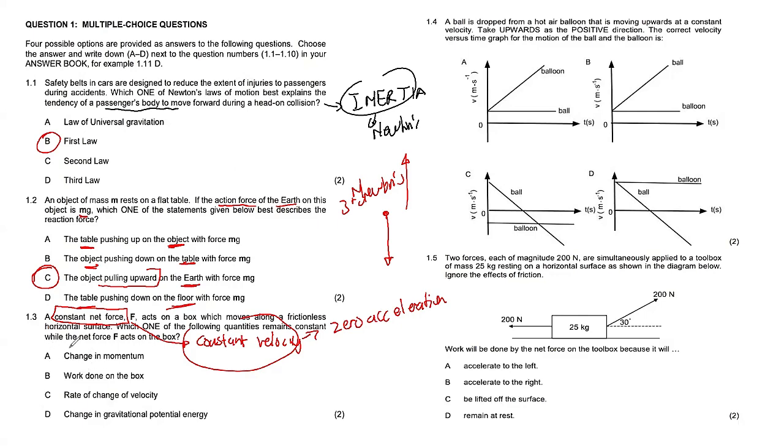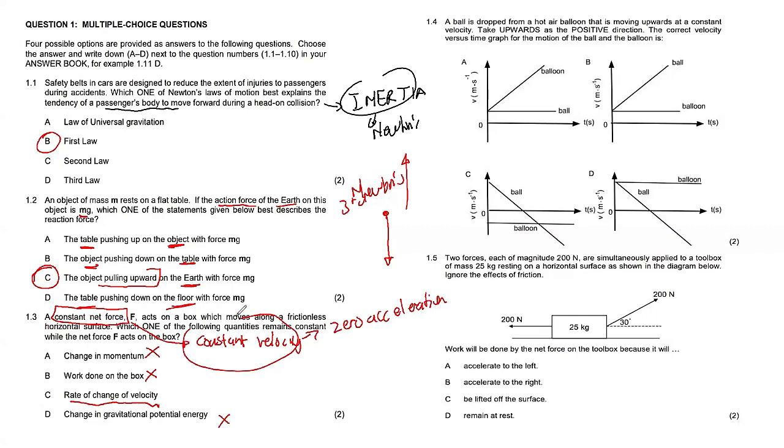So is it A? Is it the change in momentum? Definitely not. Is it B, the work done on the box? Not quite. Then C, is it the rate of change of velocity? Or D, is it the change in gravitational potential energy? So this one, totally incorrect, and this one incorrect as well, right? But let's check here the rate of change of velocity.